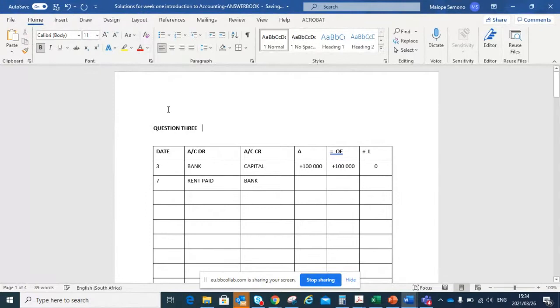So owner's equity is affected by the following. If you see capital, you see drawings, you see incomes and expenses. Just know that these things affect owner's equity.